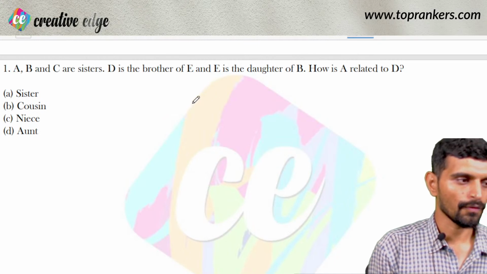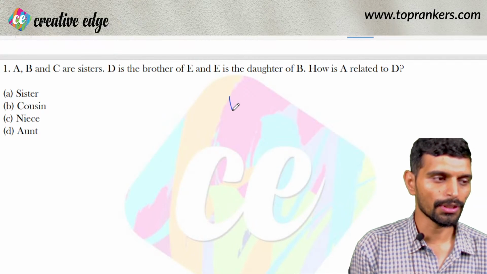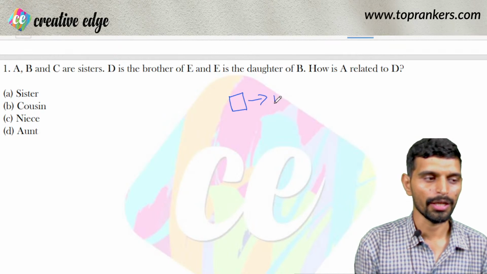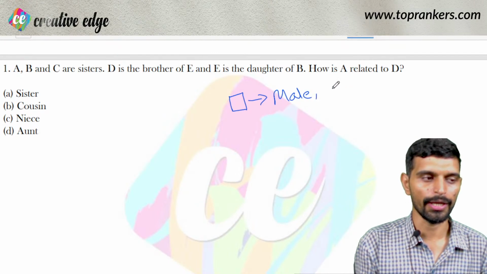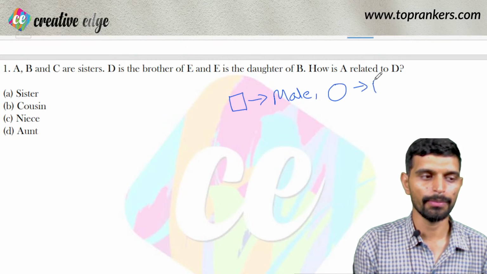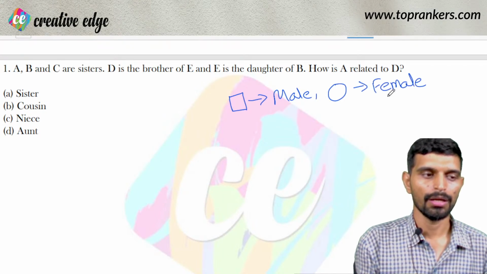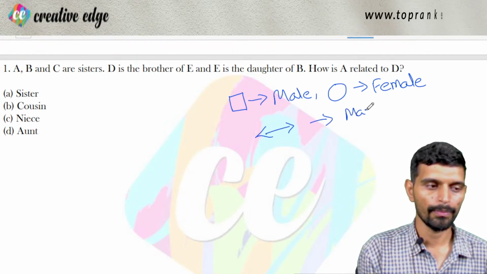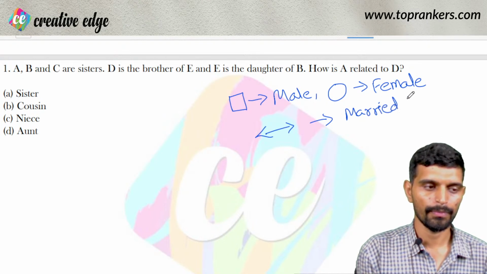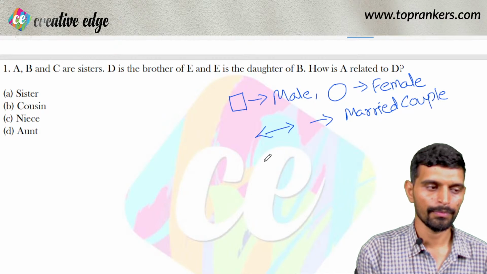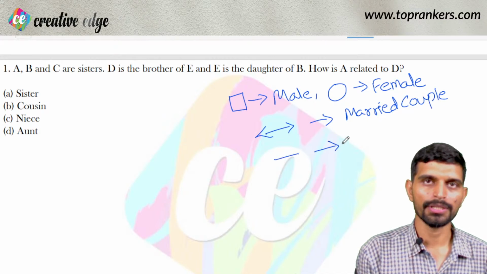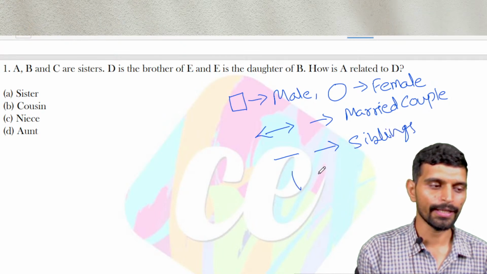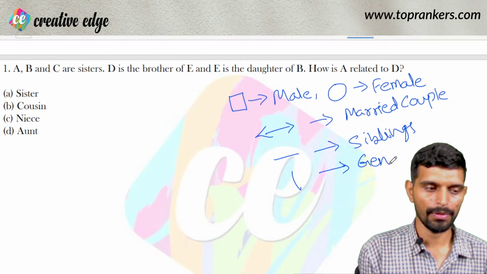For these relations, there are some standard conventions that we follow. Male is represented by a box or a square, a female character is represented by a circle, a married couple is represented by a bidirectional arrow, a single horizontal line represents siblings, and a vertical line represents generation gap.